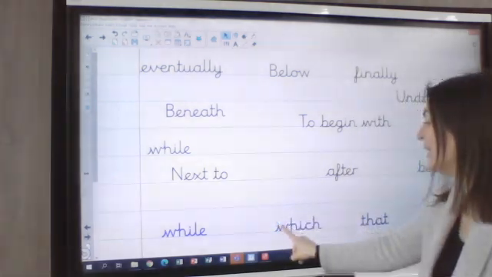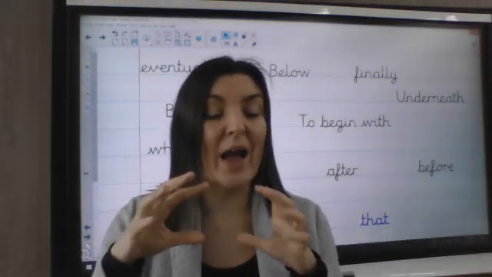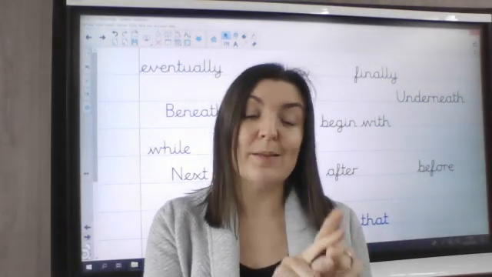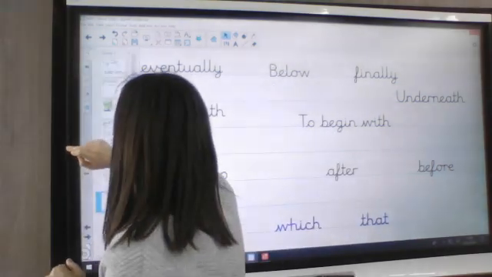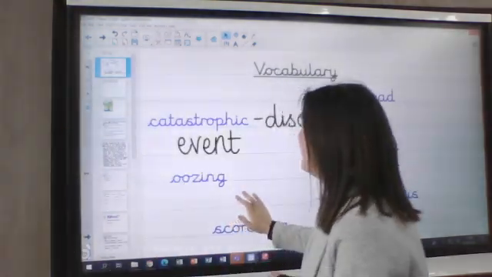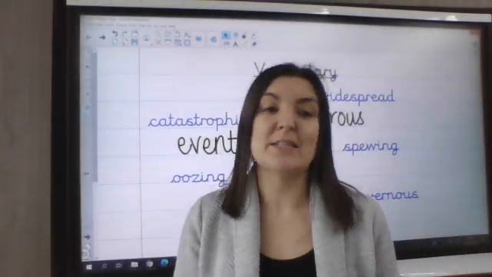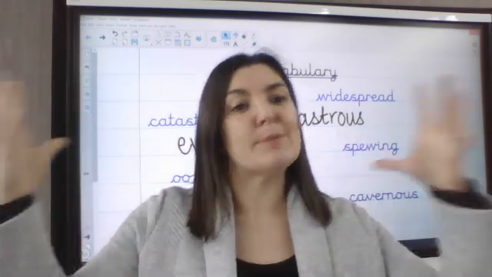I've also put you some relative pronouns, so which and that and while. You could also use while to start your sentences off. You've also got right at the beginning all the vocabulary that we talked about and looked up. So you might talk about lava oozing, or the widespread damage that it can cause, or the catastrophic explosion at the end.